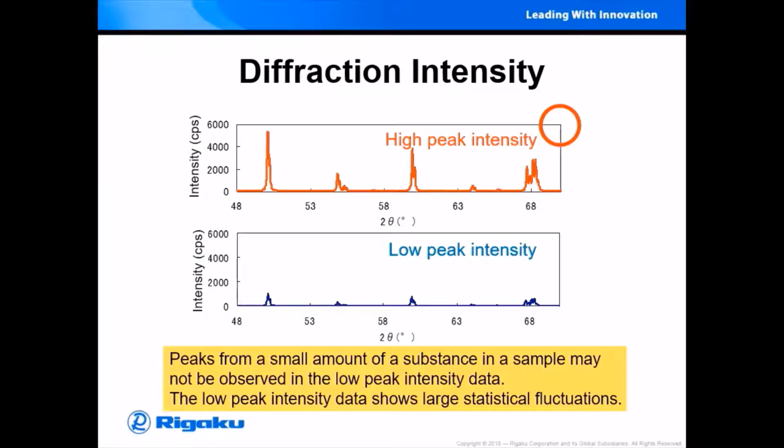In the case of low peak intensity data, there is a possibility of not observing small peaks from small amounts of substances in a sample. Also, low peak intensity data suffers from large statistical fluctuations and leads to inaccurate information. The statistical fluctuations will be explained later in Chapter 4.